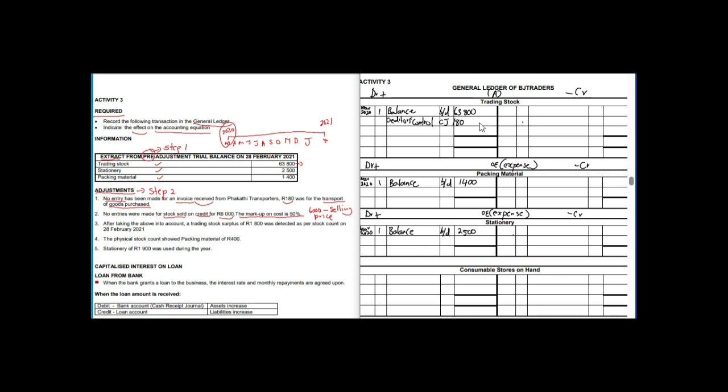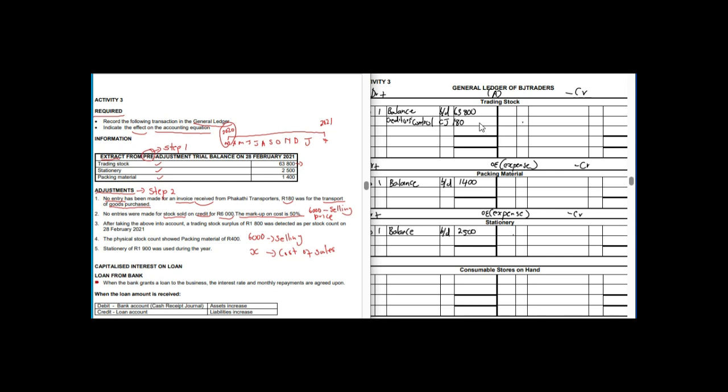And then we have been provided with the markup percentage, and we are going to use the unknown method. We have our selling price of 6,000, and X is what we don't have, which is our cost of sales.